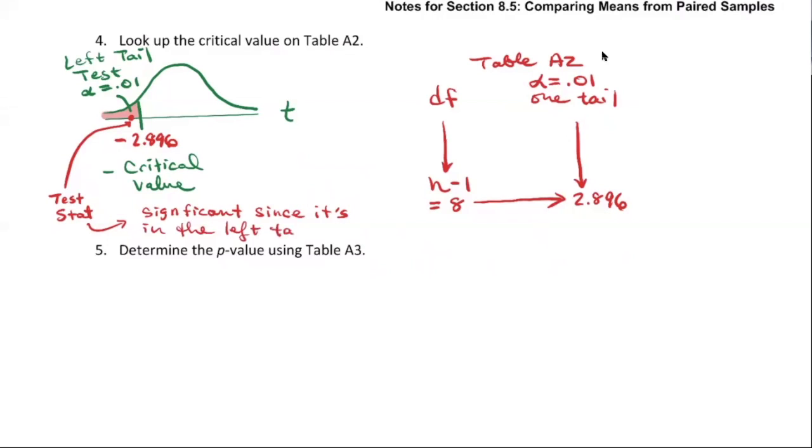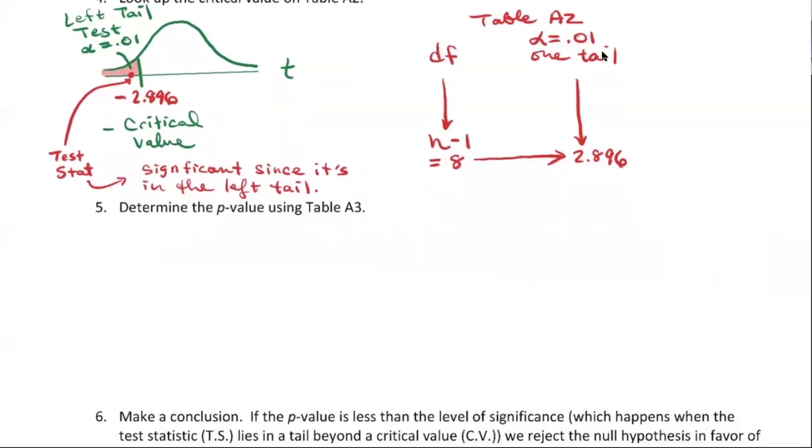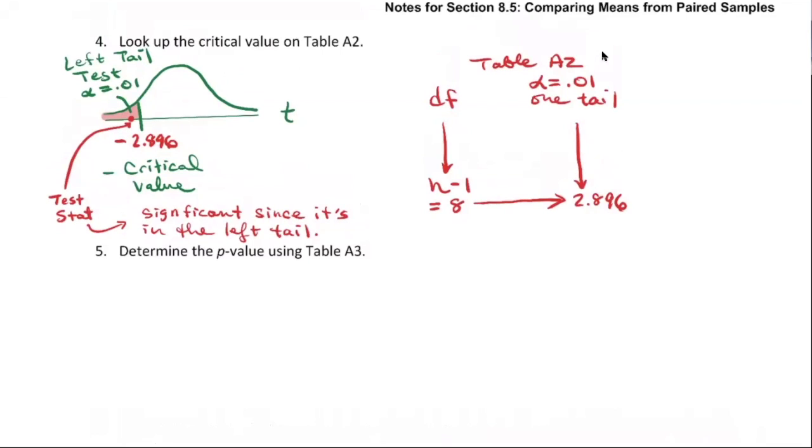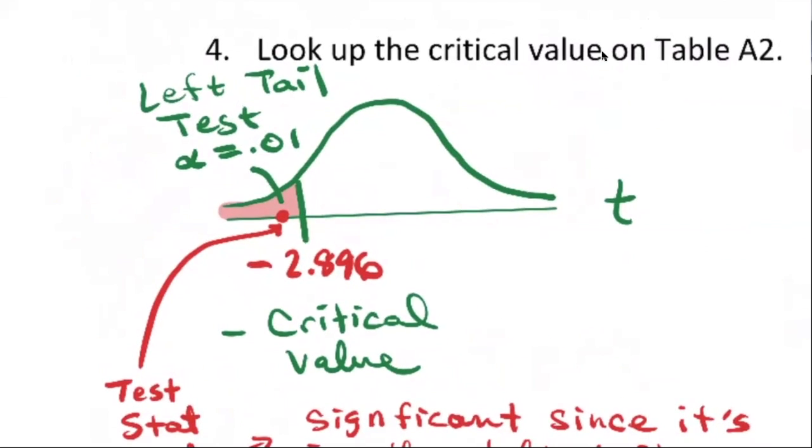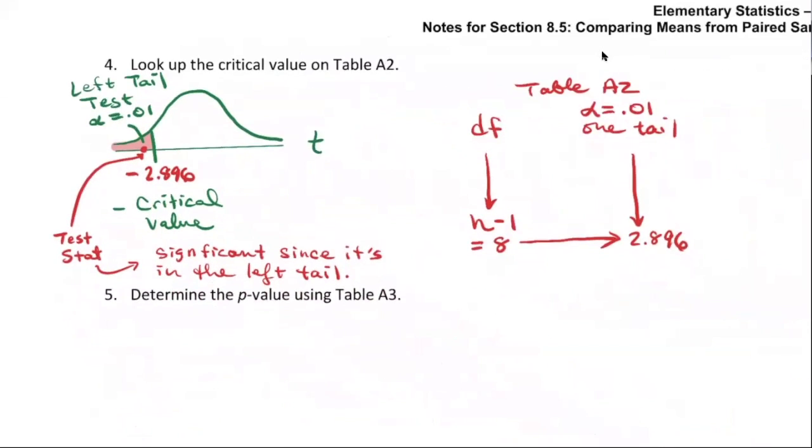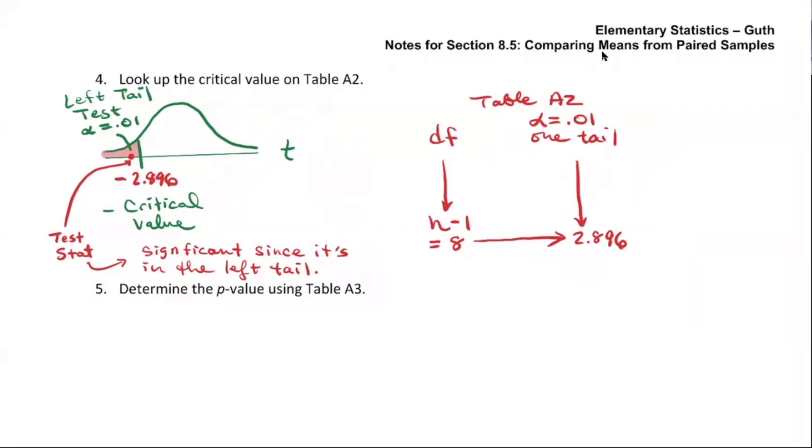Remember, this is a left tail test. So again, this is one way of determining significance, but there's another way called p-value. The p-value is the probability of getting something that far into the left tail. So we know it's less than 1% because it's in the 1% region here. But it's less than 1%, but what is it?